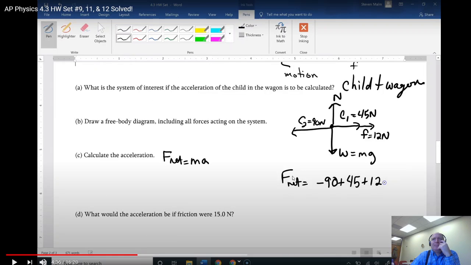If it had been 90, 45, and 50, well, the 45 and 50 would have been greater than 90, so the thing would have been moving to the right, but then the frictional force would not have been against the motion. So you say, oh, well, then 50 goes the other way. Then you've got 90 plus 50, and you can't win.